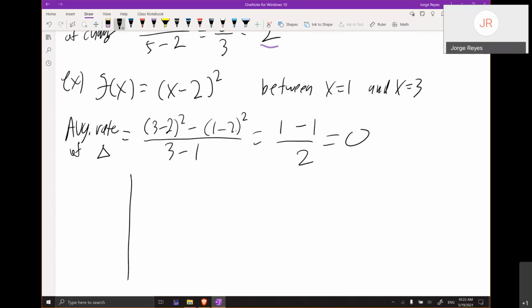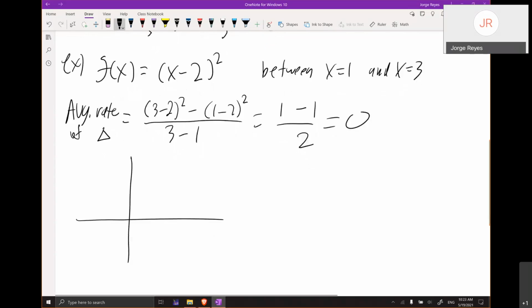But if we draw what's actually happening, we're finding the slope of a line. So here at 2, we're going to go to 3 and 1. This is 1.